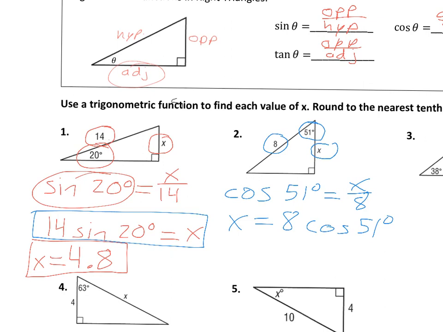So you need to get the variable you're solving for in calculator ready form, which means the variable on one side and exactly what you're going to punch into the calculator on the other side. So I'm going to punch 8 cosine 51 into my calculator. So x equals 5.0.